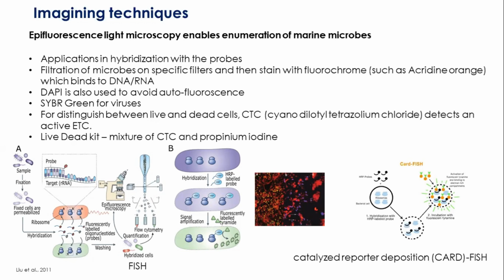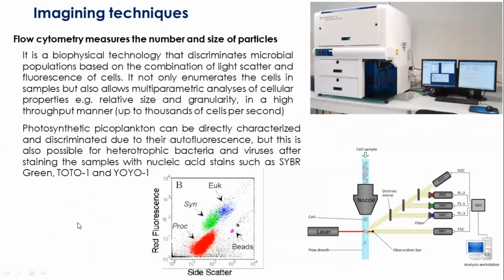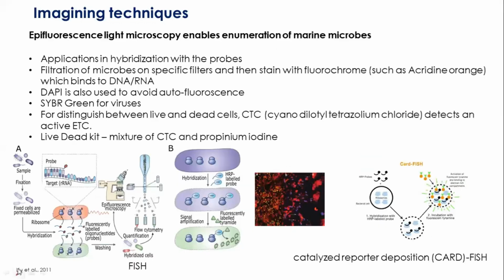So basically you have a probe which hits on the target rRNA. That is, it is species specific or group specific.